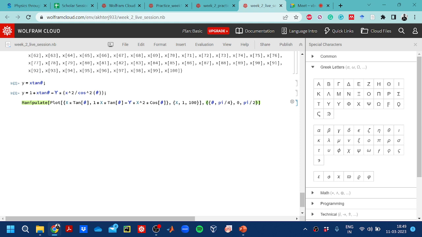So this is our first manipulate command, and we will also manipulate the value of gamma here. So suppose initial value is 0.1, and we want to manipulate it from 0.05 to 1.